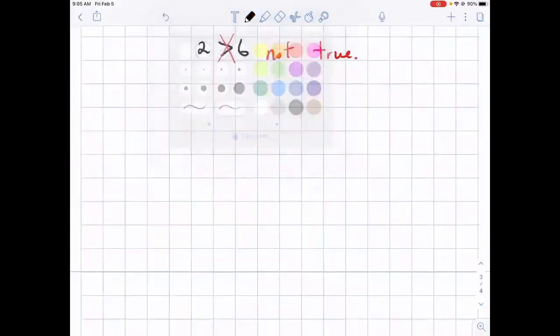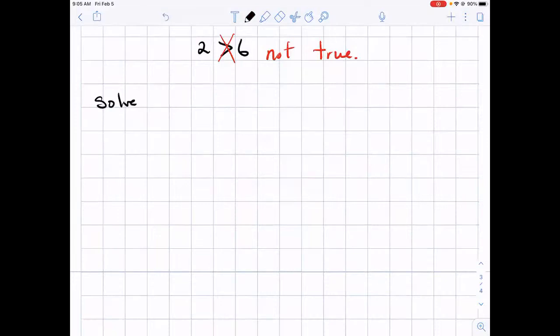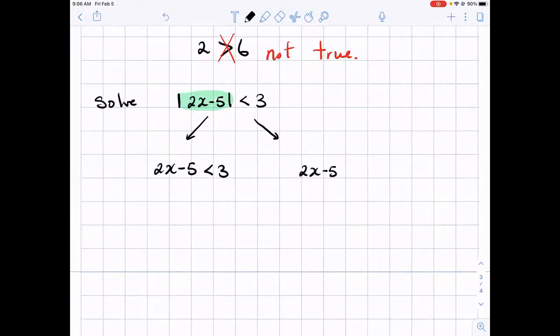Let's look at an example again. Solve the absolute value of 2x minus 5 is less than 3. So my absolute value is isolated. There is nothing else other than the absolute value on one side of that inequality sign. So then we can split it. This becomes 2x minus 5 less than 3, and 2x minus 5 greater than minus 3.